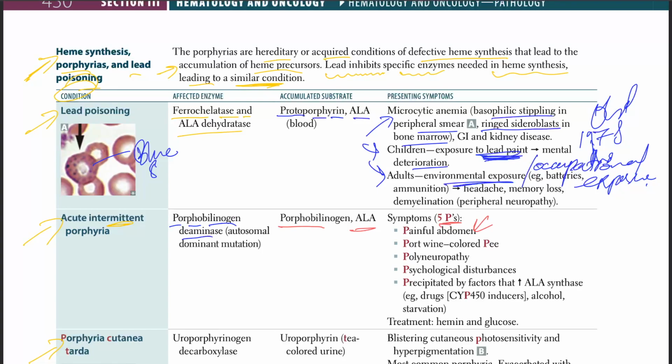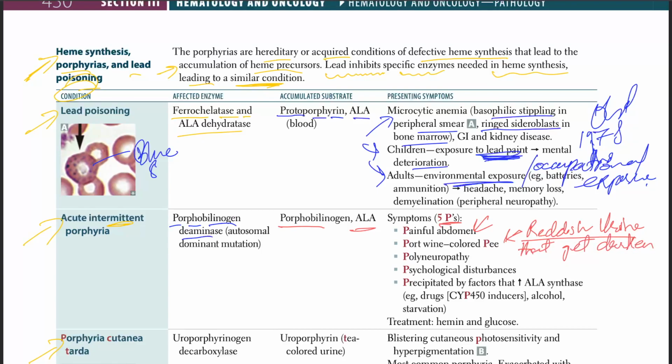So what is this port wine? They will tell you something like a port wine. They're not going to say port wine urine, but they will say it's a reddish urine. It's a reddish urine that darkens on exposure to light and air.